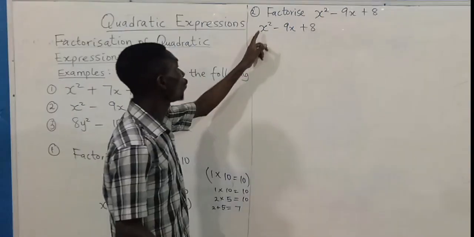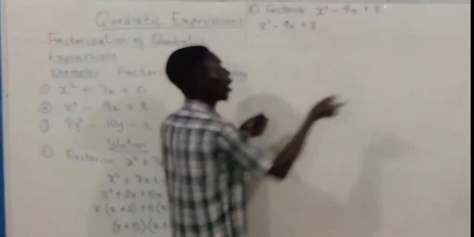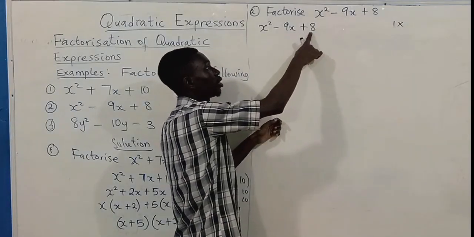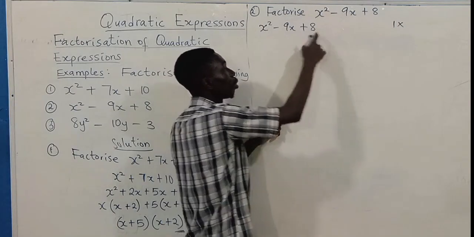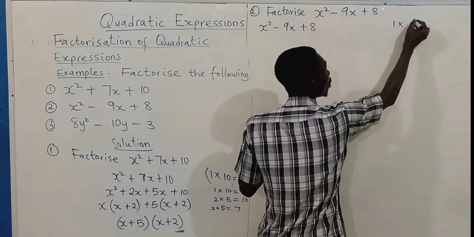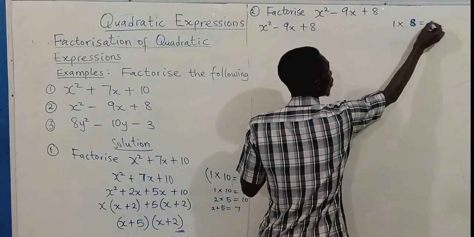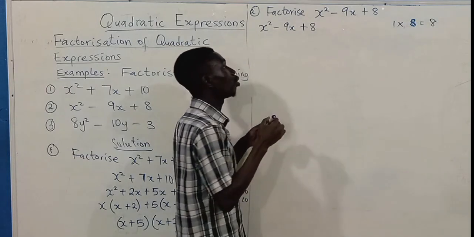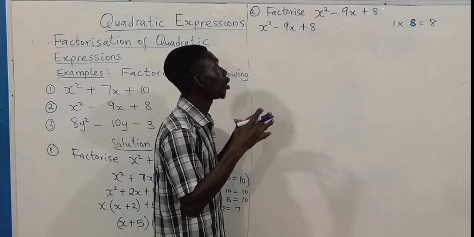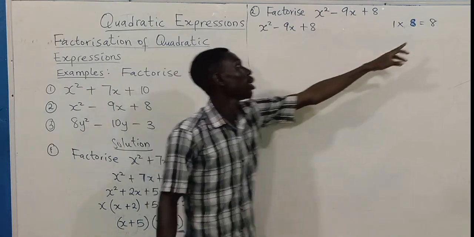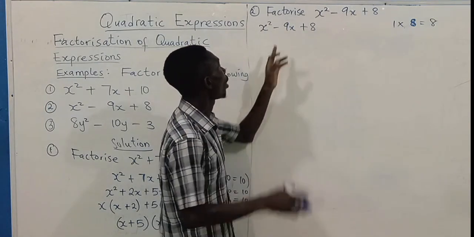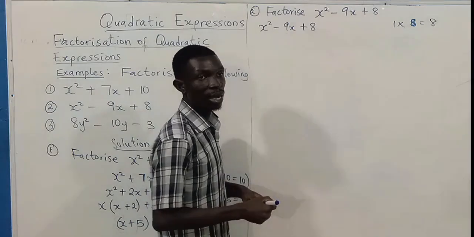We are going to use the coefficient of x squared, which is 1, multiply the constant term, the term without a variable, plus 8. So that gives us 8. We are going to look for two factors of 8, so that when we multiply them, we'll get 8, and then when we add them up, we are going to get minus 9.